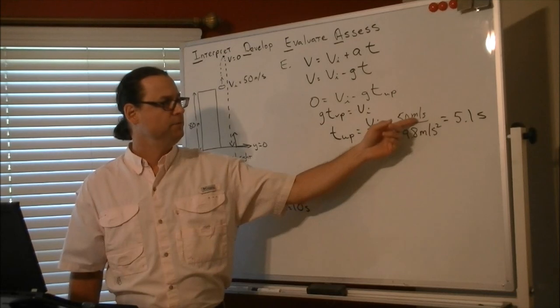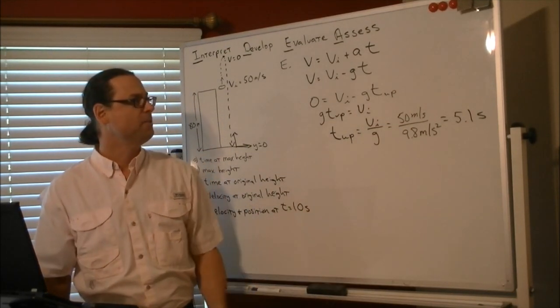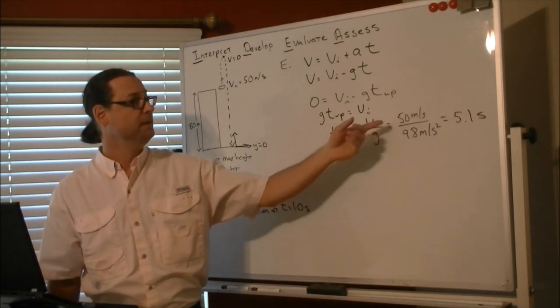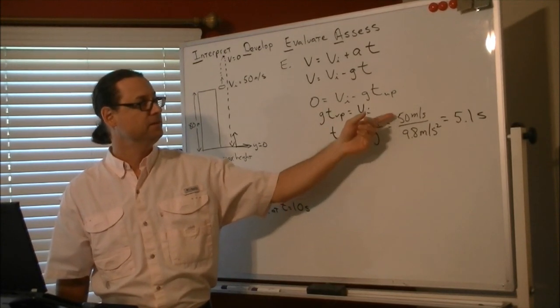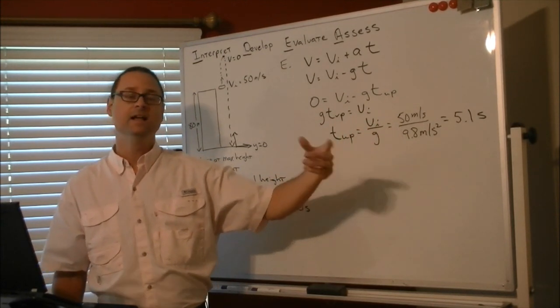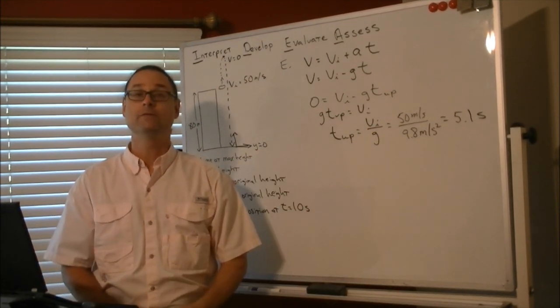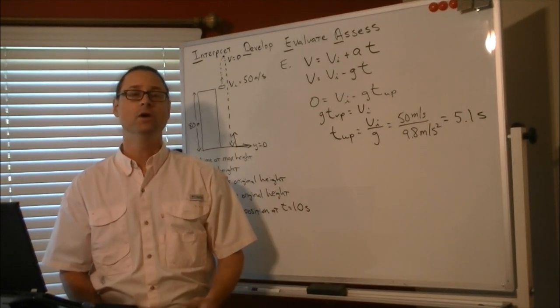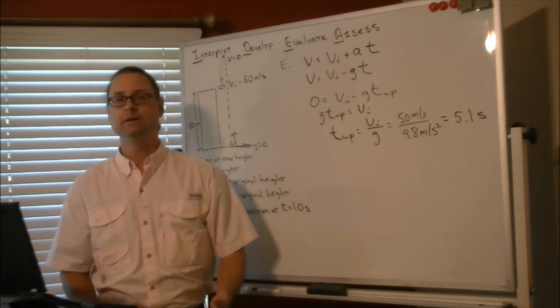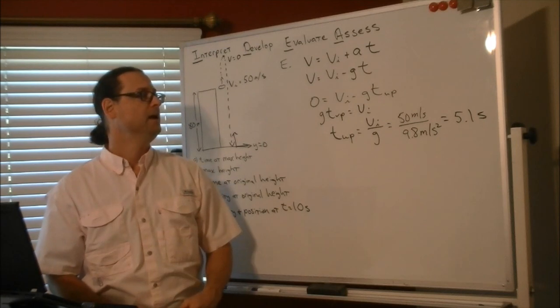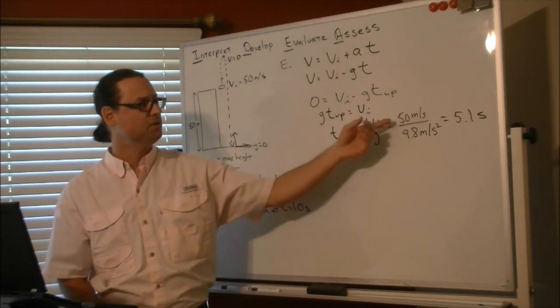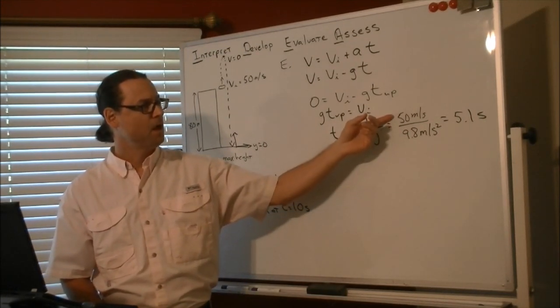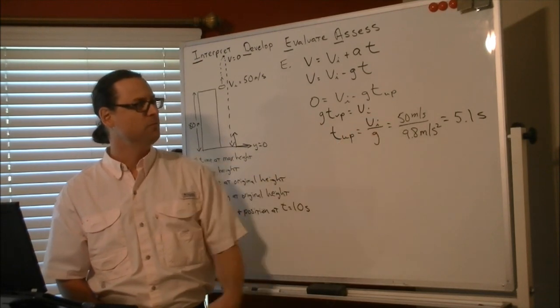Well, if you've ever thought about the time of flight for something, 50 meters per second is pretty fast, but things like the vertical component of a baseball in a home run, or the hang time of a punt in a football game, these are all objects that are launched upward with a little smaller than that.